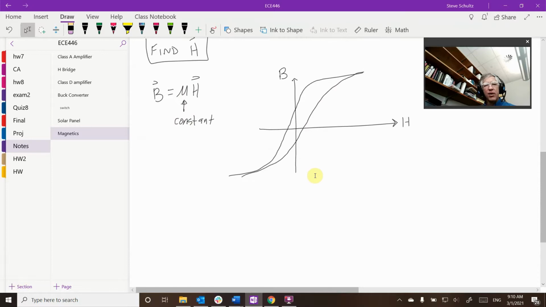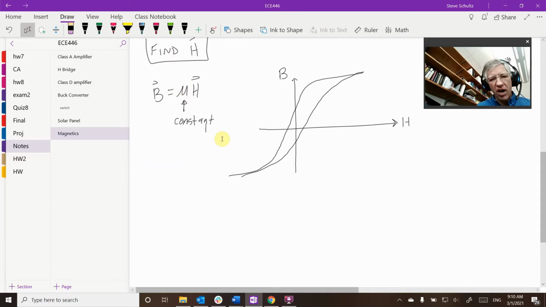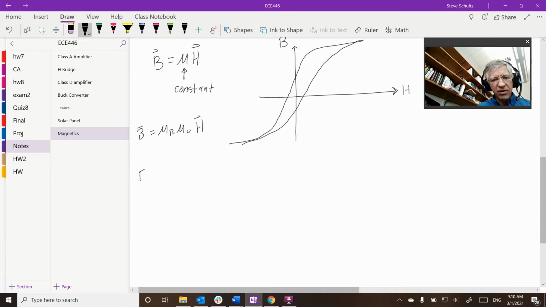Okay, so then in order to get B, we just multiply it times this constant, which we're going to call mu. And we have a mu R and a mu naught. So B is equal to mu R times mu naught times H. Okay, so this is where we found B.